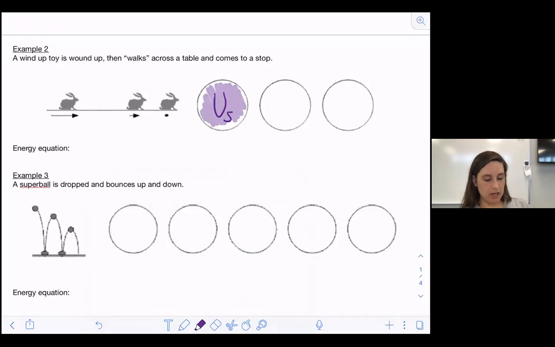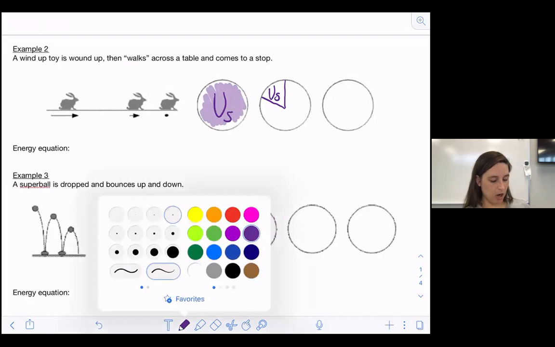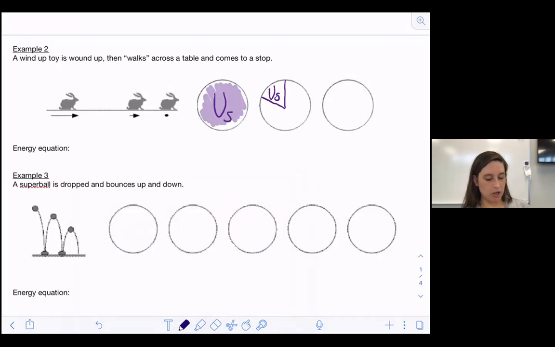Now the spring is going to unwind, and so we will still have some spring energy, but it causes the bunny to start walking. So we are also going to have some kinetic energy due to the motion.